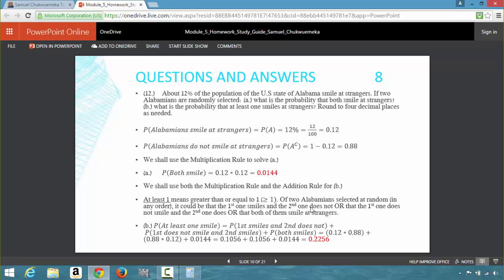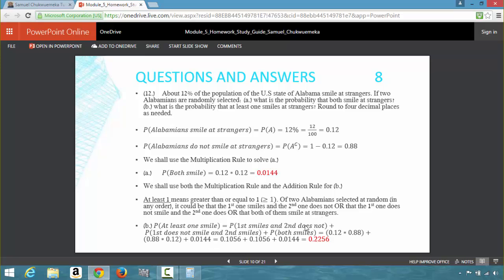The multiplication rule is that the first one smiles and the second does not smile, or the addition rule comes into play: the first one does not smile and the second one smiles. That is multiplication rule. Or addition rule, both of them smile.